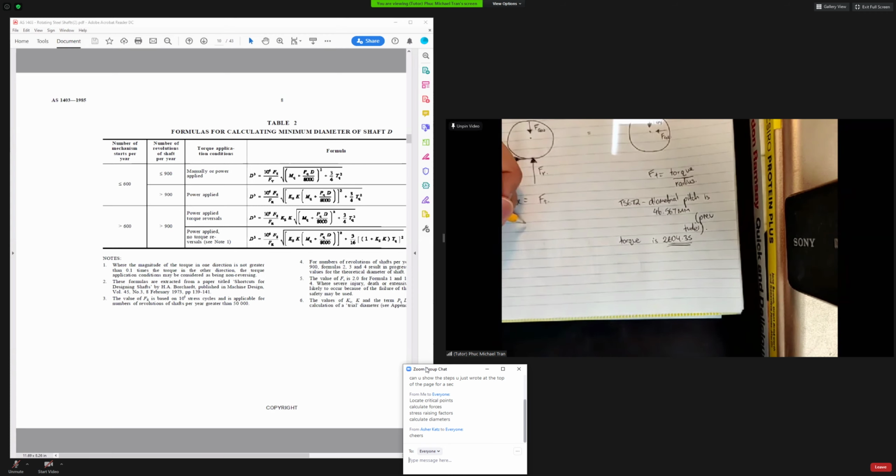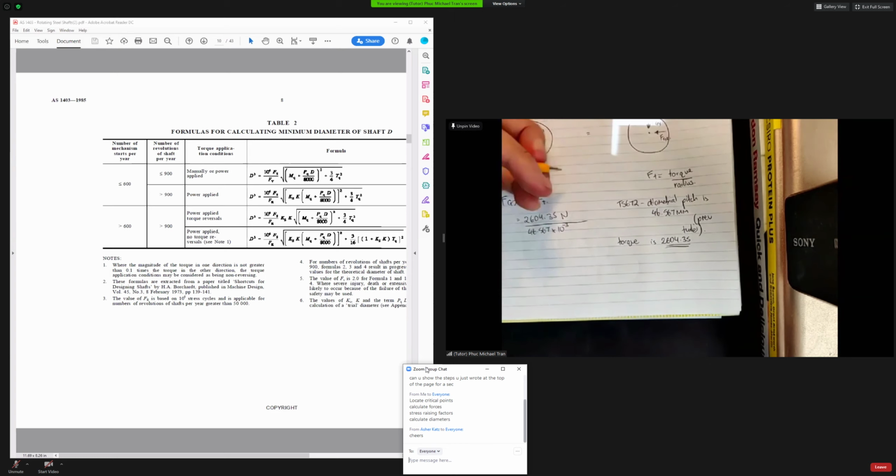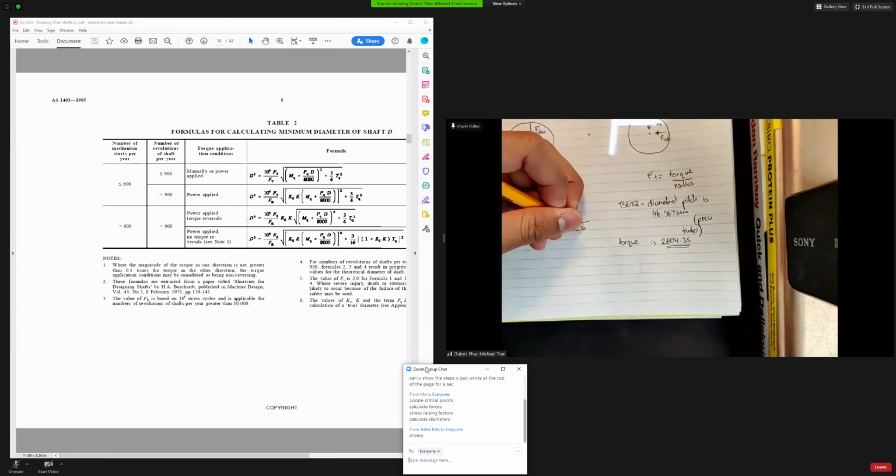So FGX is simply 2604.35 newtons divided by 46.567 times 10 to the negative 3, times half, because we want the radius, not the diameter.